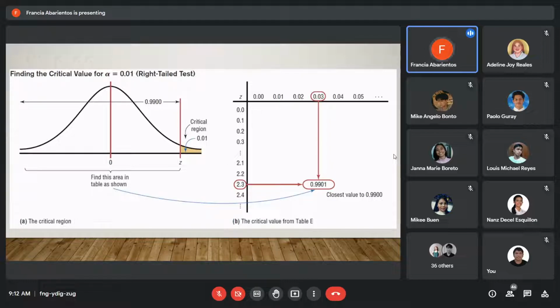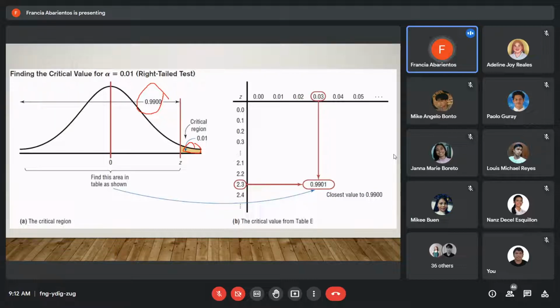So, 1 minus 0.01, then we have 0.99. So, find this area in the table as shown. So, yung critical region natin, class, is the alpha. Ayan, yung 0.01.